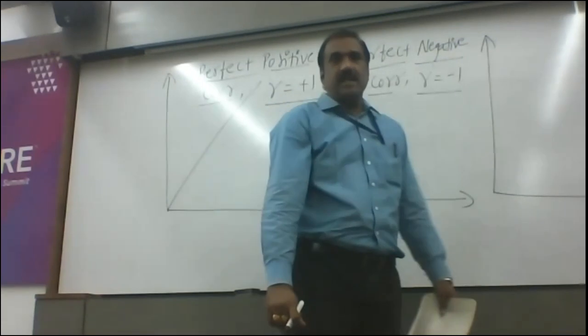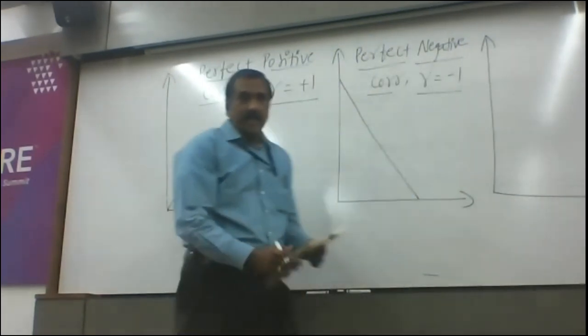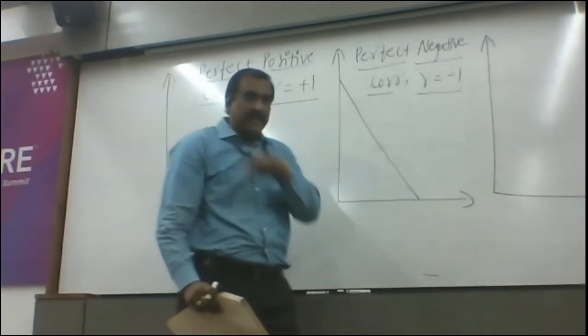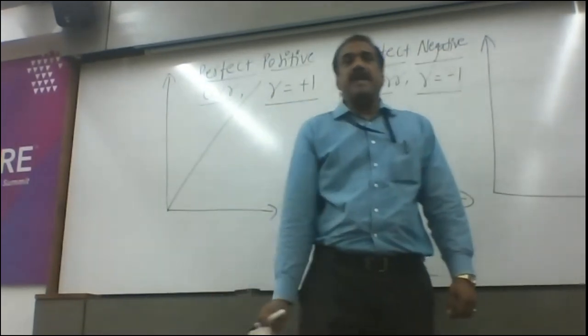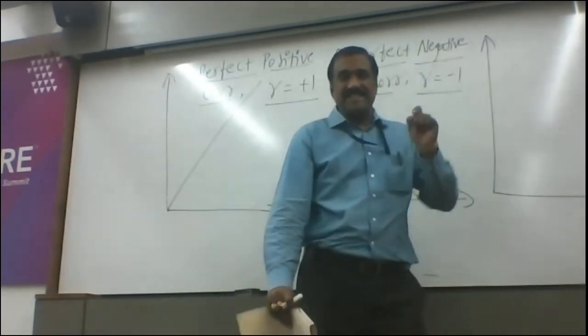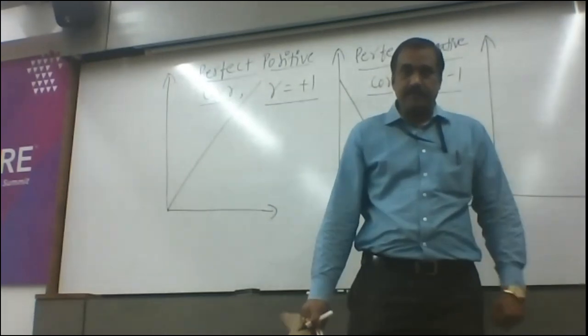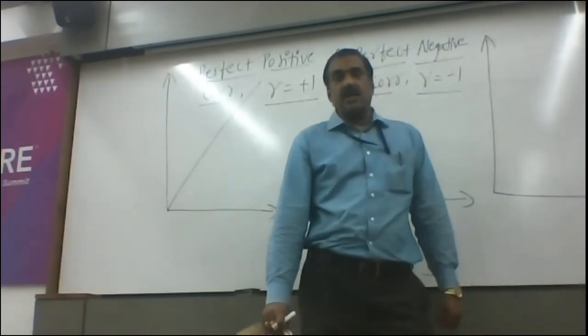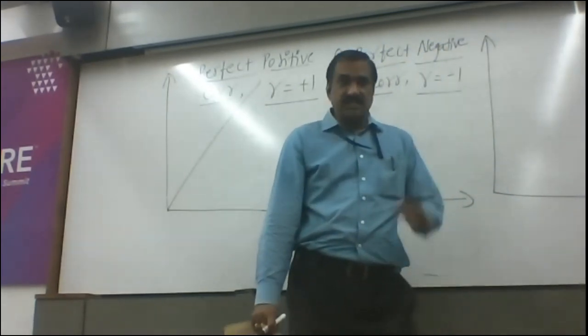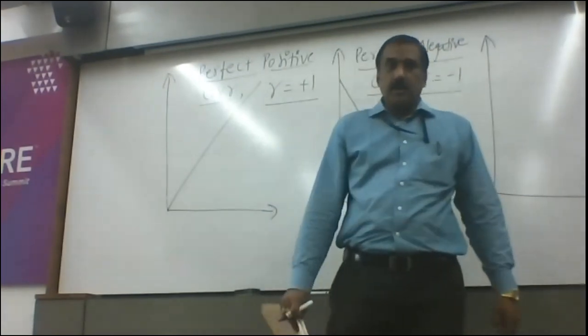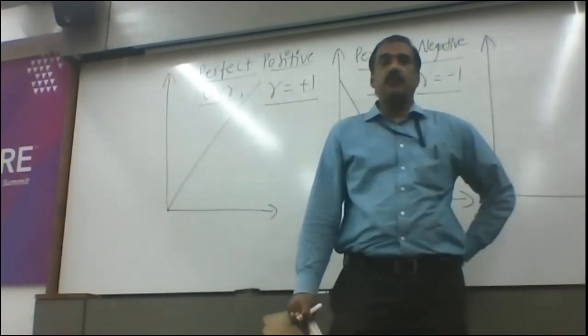We don't only get perfect positive or perfect negative correlation. Sometimes there is no matching of the events, not even a single event is matched, and there is a differentiation of opinion.